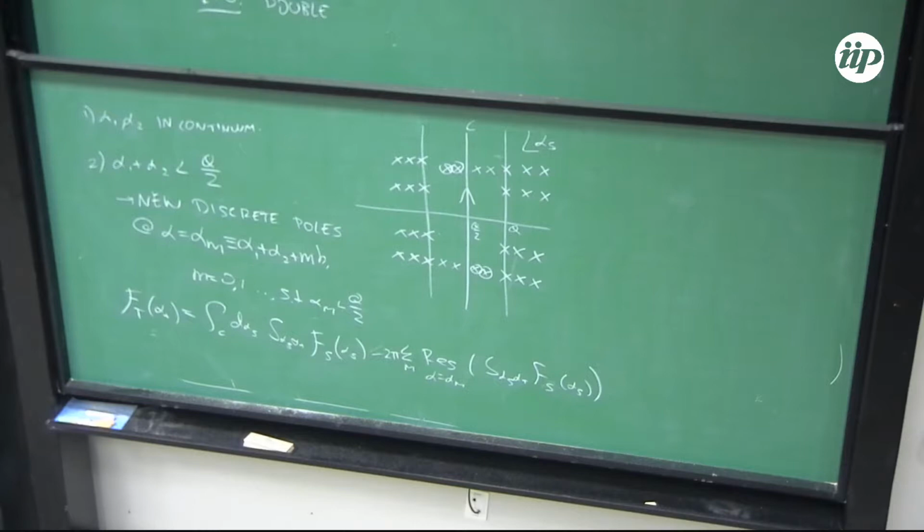Okay, so that's the sort of technical part of what the crossing kernel tells us. But this is all we need to interpret the 2D analog of the light cone bootstrap.